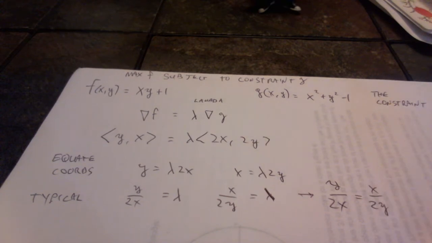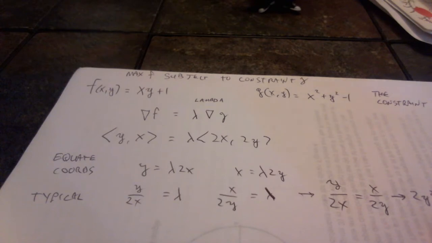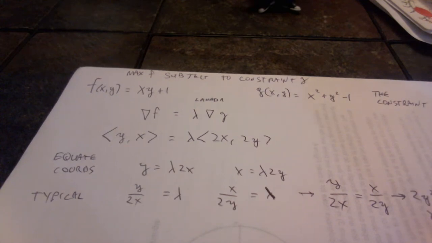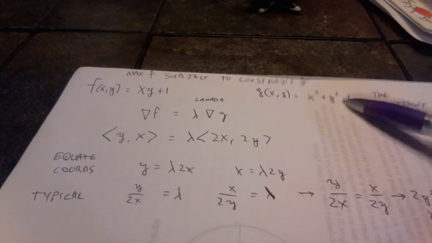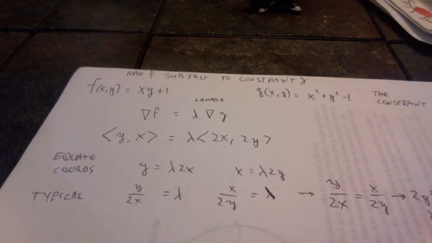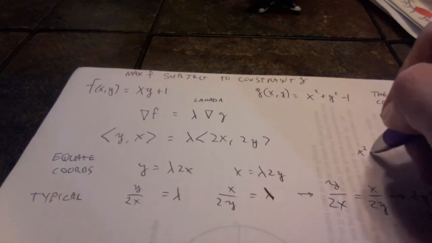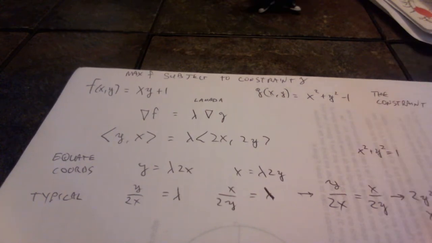And you cross multiply, and you get 2y squared equals 2x squared, which implies not x equals y, but x equals plus or minus y. And now another typical move is to use this constraint as written. So we have x squared plus y squared equals 1.